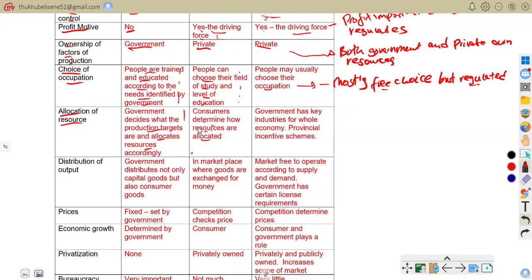Consumers decide through demand. They are the ones who determine how resources are allocated, because they decide through demand. Get that straight. But under mixed economy, both government and market decide.